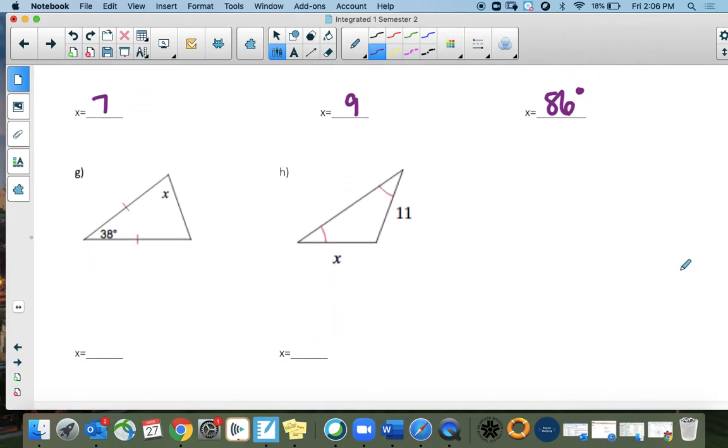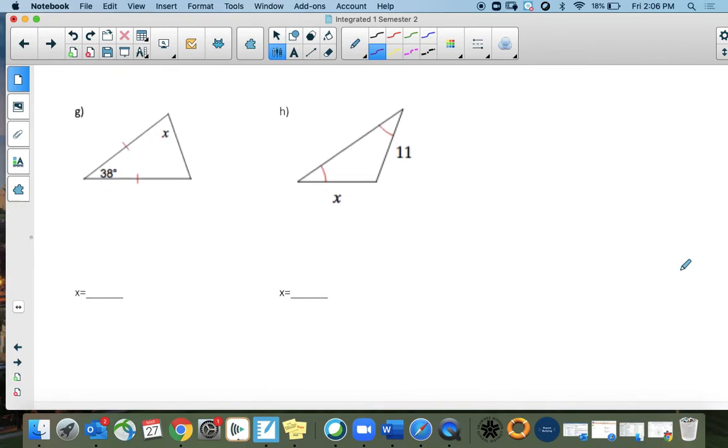Okay, 2 more examples here. This one gets a little more complicated. It says we have 38 degrees, but if our two sides are congruent, the two base angles, not the vertex, the two base angles are congruent. So we know these are the same. So we kind of have to set up an equation here. We have two x's, right? These are both x.